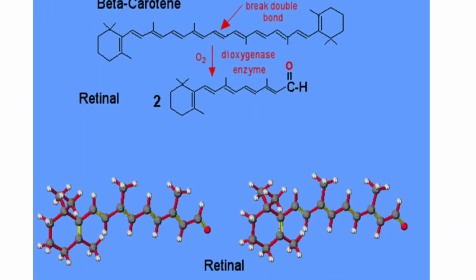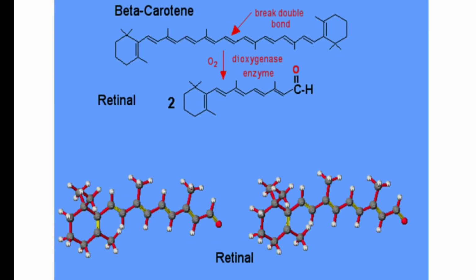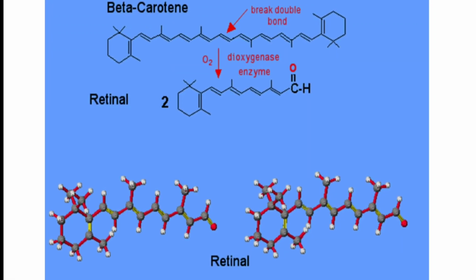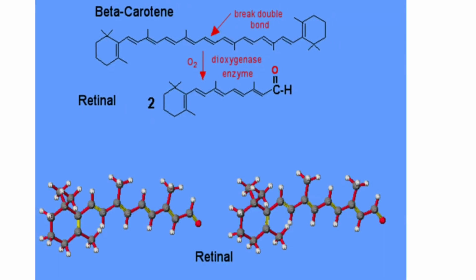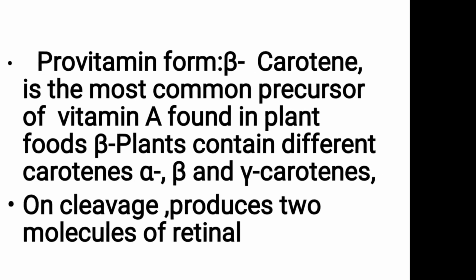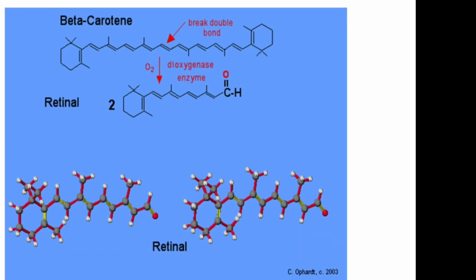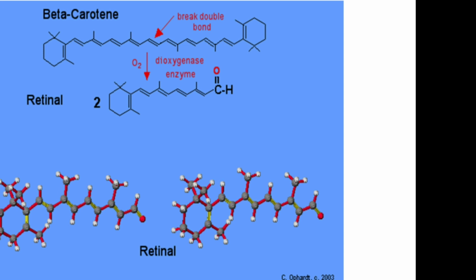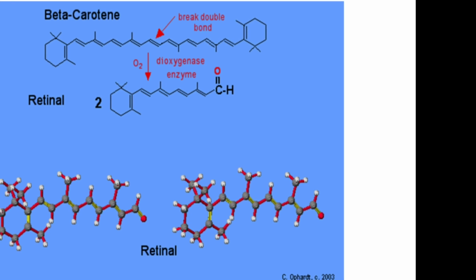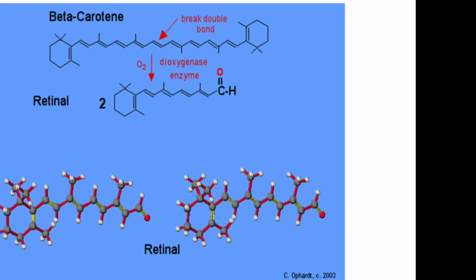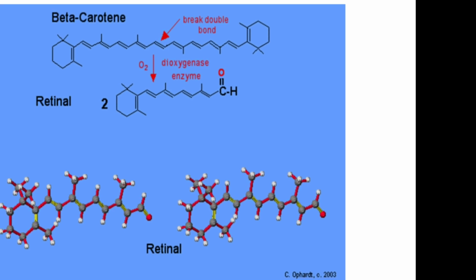So when it breaks down using the dioxygenase enzyme, we get retinol. As I told in the previous slide, on cleavage beta carotene produces two molecules of retinol. In the presence of the dioxygenase enzyme, beta carotene can be cleaved into two molecules of retinol.